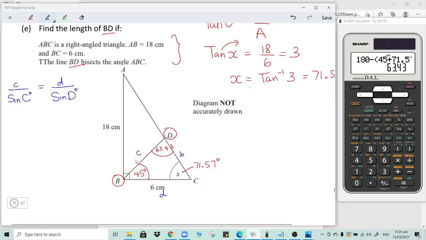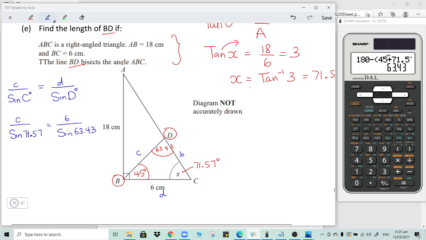I'm not going to deal with the B's, because I have enough information between C and D to figure out common C. So C divided by sine capital C is 71.57 divided by, common, so it's equal to common D, which is 6 centimeters, divided by sine capital D.